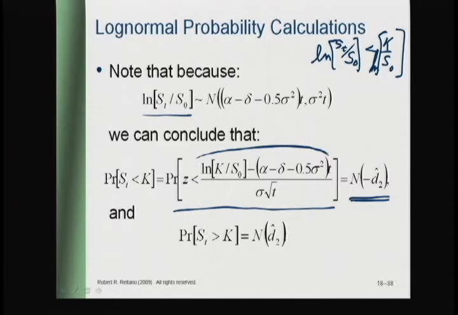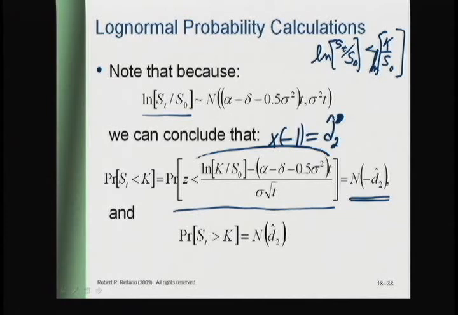If I took this expression here and multiplied it by -1, I would get the Black-Scholes formula D2. But again, we have to put a hat on it because it is the Black-Scholes formula for D2 where we're using an alpha instead of an R.